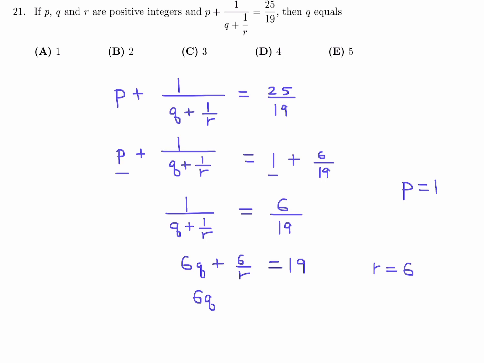So 6q plus 6 over 6 is equal to 19. That's plus 1, so if you bring the 1 over, it's 19 minus 1, which becomes 18, and there you go. q is equal to 3. So if p is 1, r is 6, q will equal 3, and therefore number 21, the answer is C.